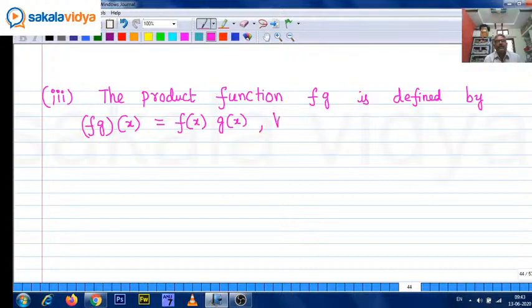Here also the domain of this function is x belongs to D1 intersection D2.